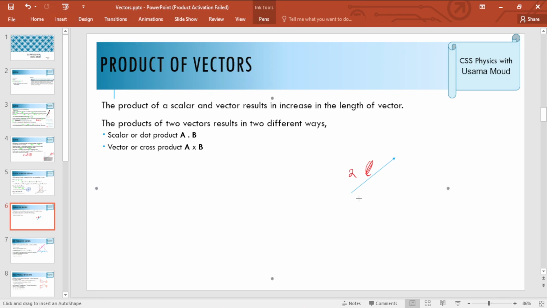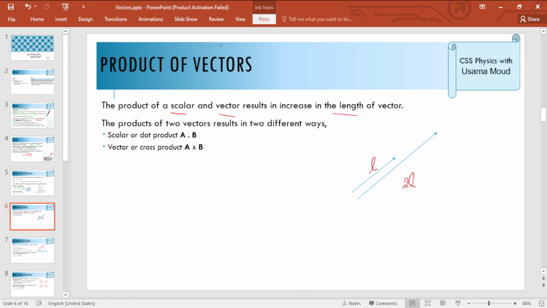If this is vector l, then 2l is double the original vector. It's in the same direction but with double the magnitude. So when a scalar and a vector are multiplied, there is only a change in the length.